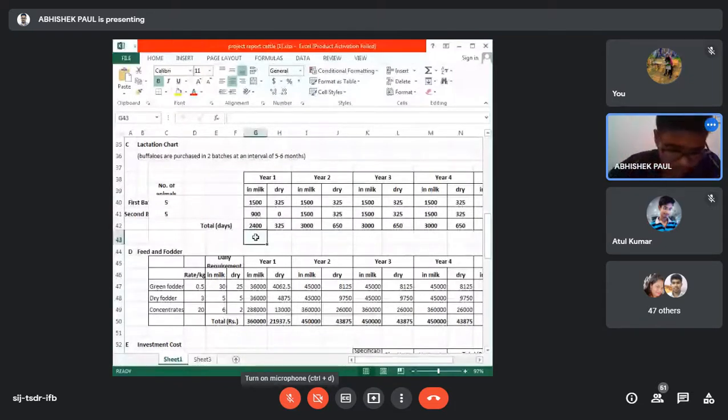2400 multiplied with 8 kg, as 8 kg is for the milk cow, isn't it? And 325 into 2 kg. So you just add these two. 2400 into 8, how much is it coming?